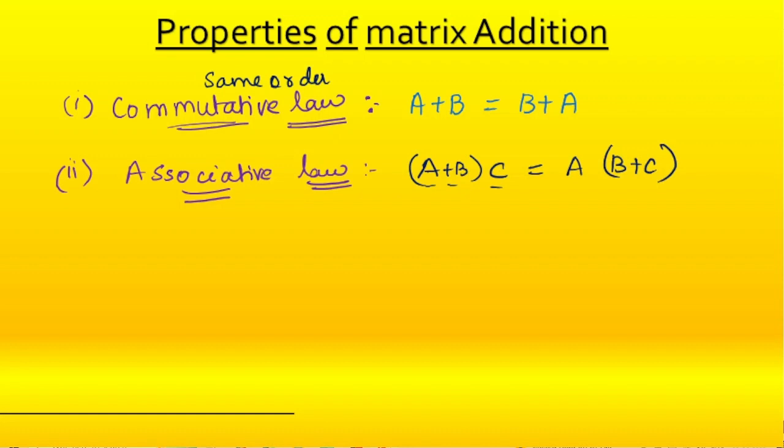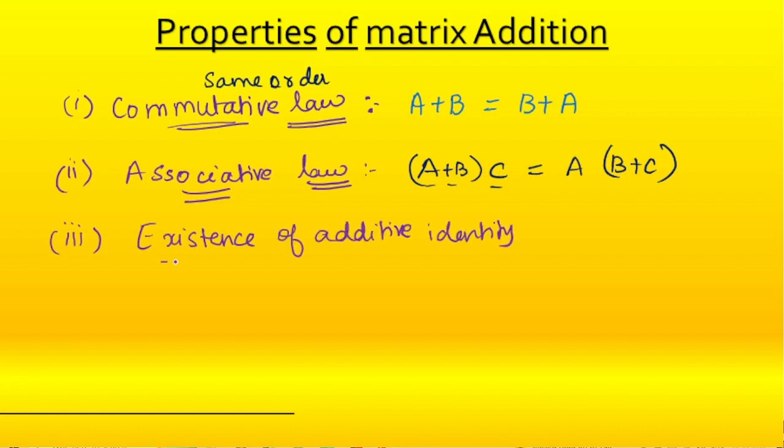Then, existence of additive identity. I'll write it. Third one is existence of additive identity. What does it mean? See additive identity.